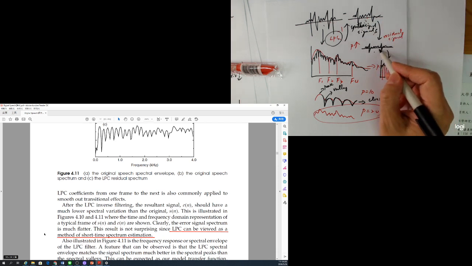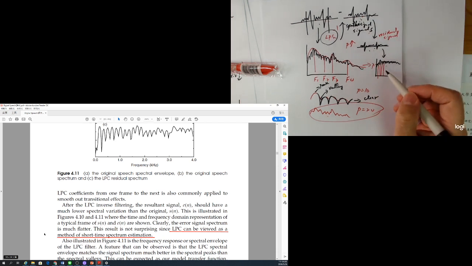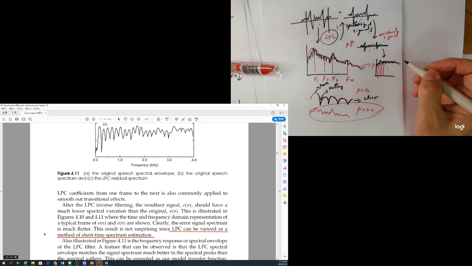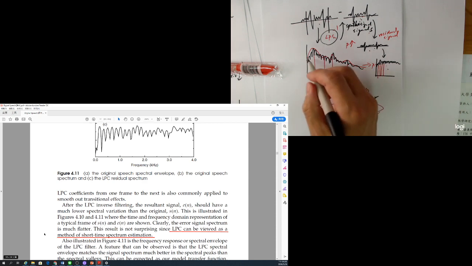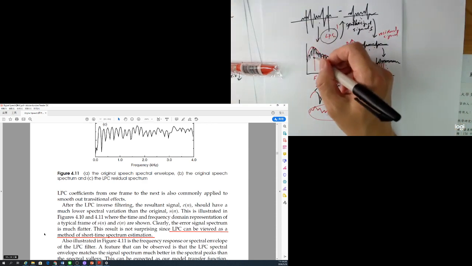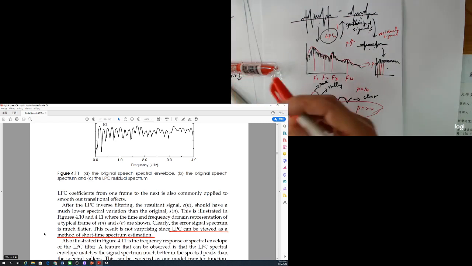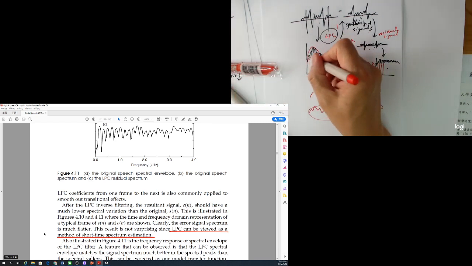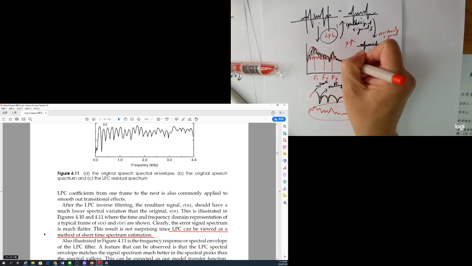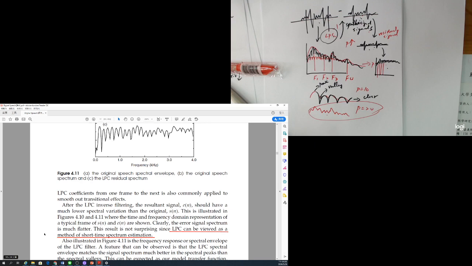If you look at the residual signal in the frequency domain, it looks more like a harmonic signal, with no envelope shape. So you have to know the physical meaning here.